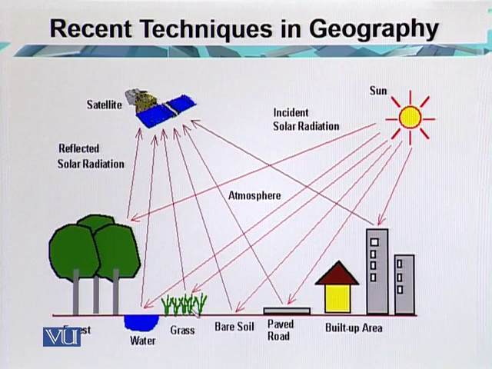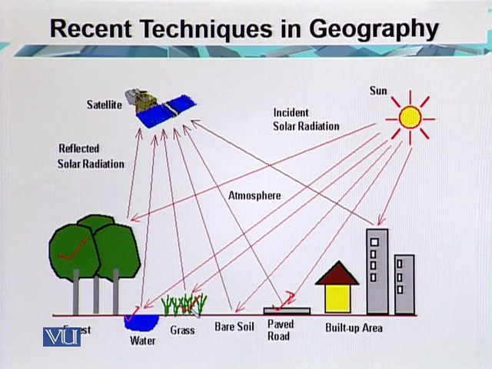Some are covered with vegetation in the form of trees, some are grassland, some are covered with water surface, some are built up areas, and few are in the form of paved roads. So an area has different land uses, and these different types of areas reflect different percentages of the electromagnetic radiations which are coming from the sun.